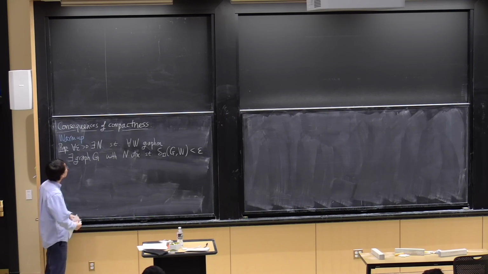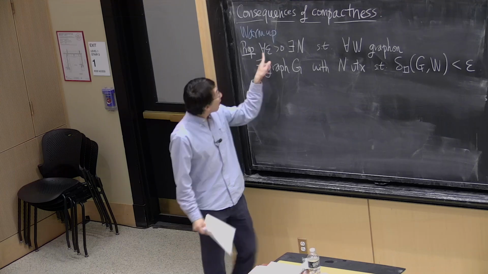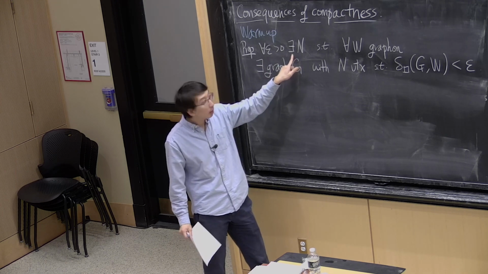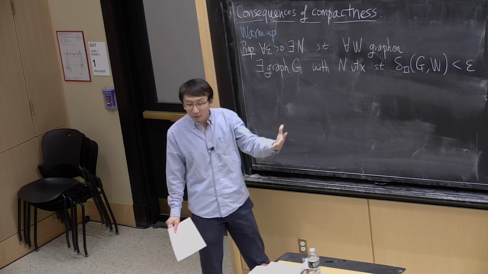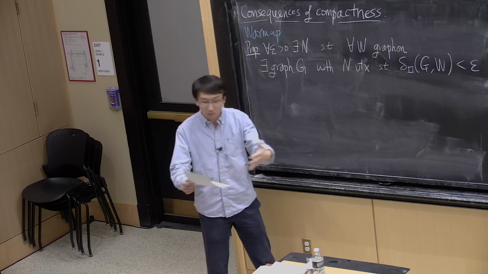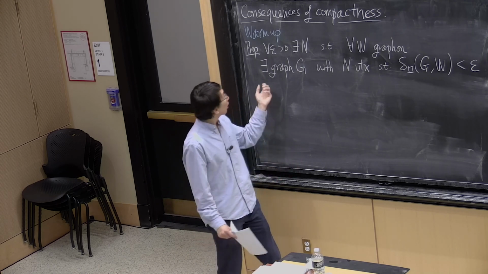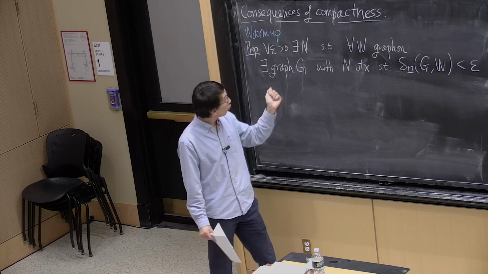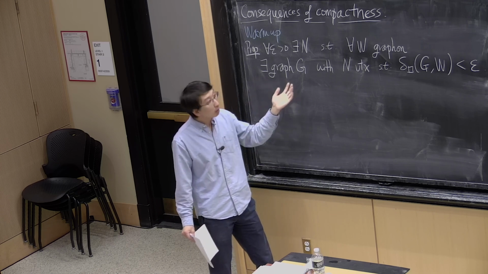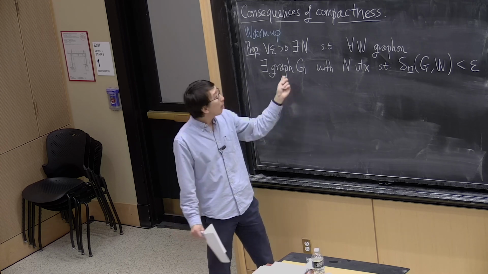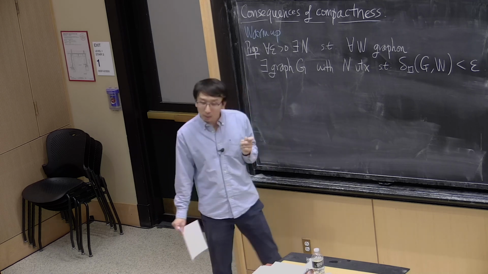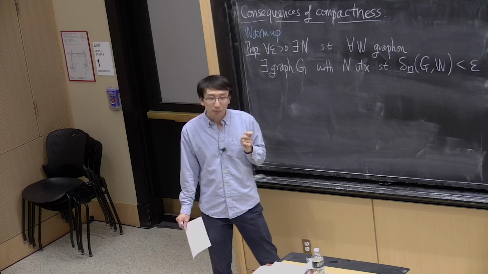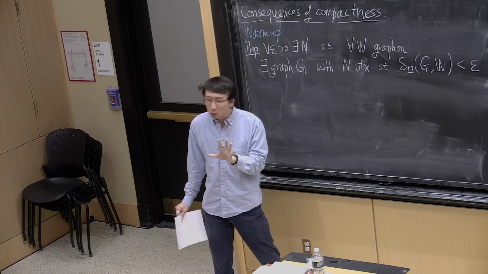Okay, so think about what this says. For every epsilon, there is some bound n such that every graphon, which is some real valued function taking values between 0 and 1, you can approximate in the distance that we care about by a graph with a bounded number of vertices. This is kind of like the regularity lemma.